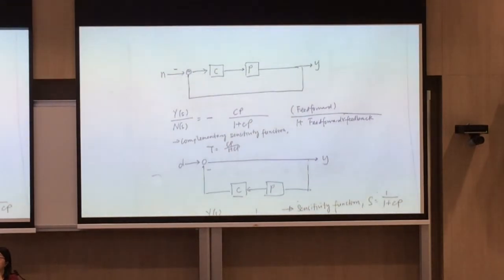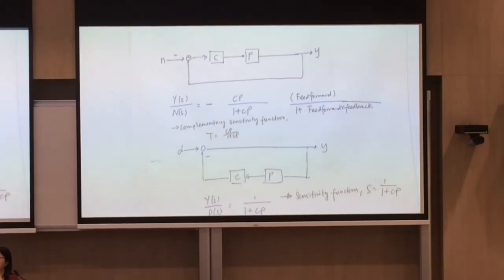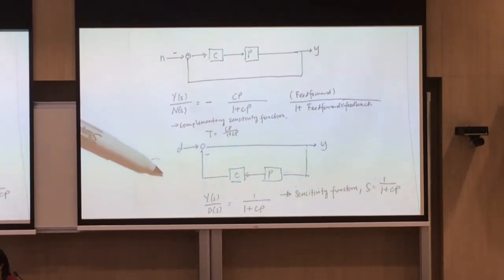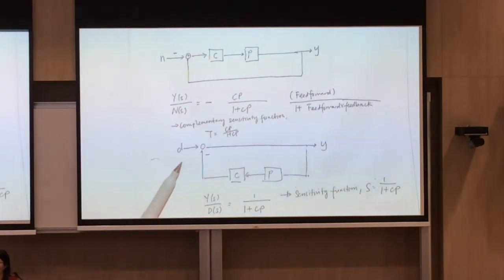Okay, the next thing you do is what about disturbance. So now, if you ignore R and ignore N, you want a transfer function between output and disturbance. Okay, all you need to do is redraw the block diagram again.